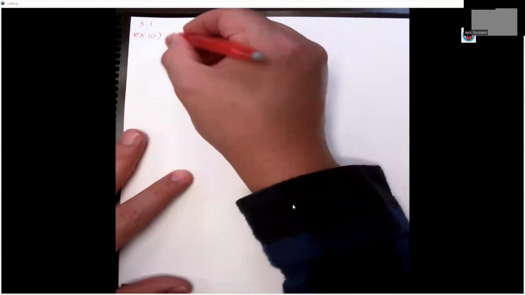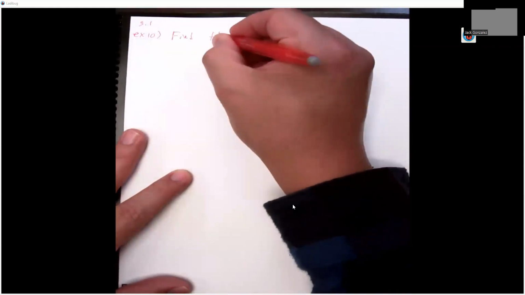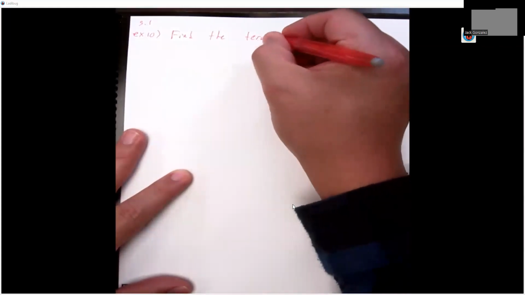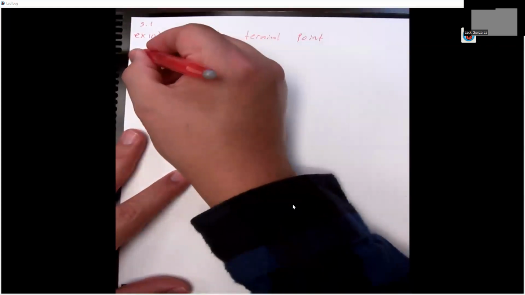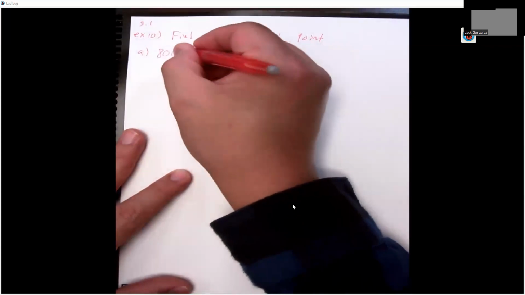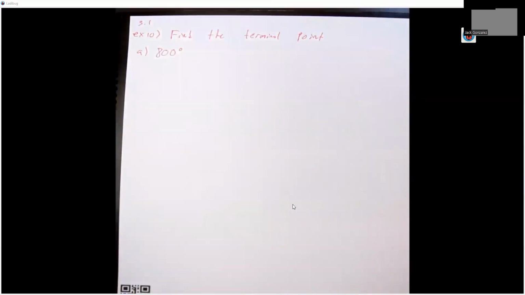All right, example 10, still 5.1. Find the terminal point. Part A, I think I talked about this one in class. 800 degrees. Obviously, that's more than 360 degrees, right?